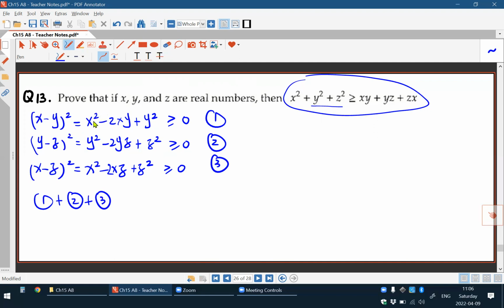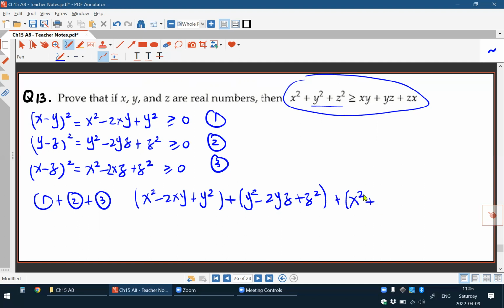Because in any of the 3 inequalities, the left side is always larger. So the sum of the left side should be greater than or equal to the sum of the right side. The right side is just 0, right?